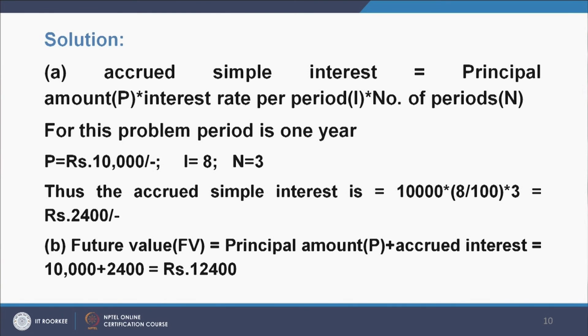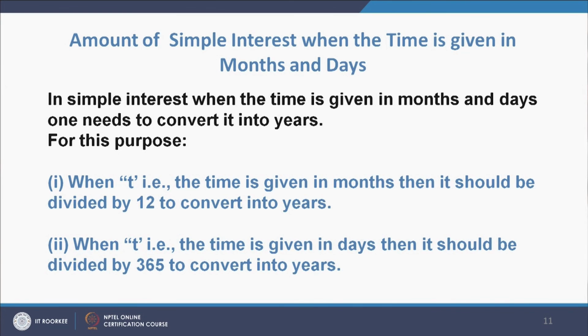Thus, the simple interest is 10,000 into 8/100 into 3, which comes out to be 2,400. The future value FV is equal to principal amount plus interest, which is 10,000 plus 2,400, which is 12,400.